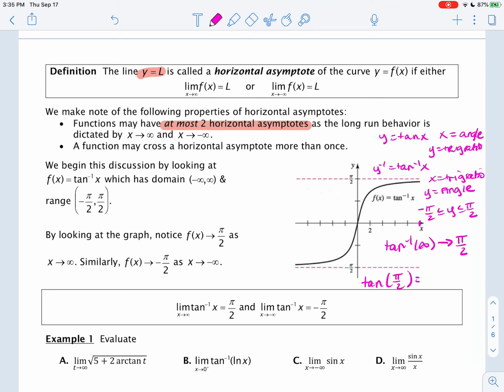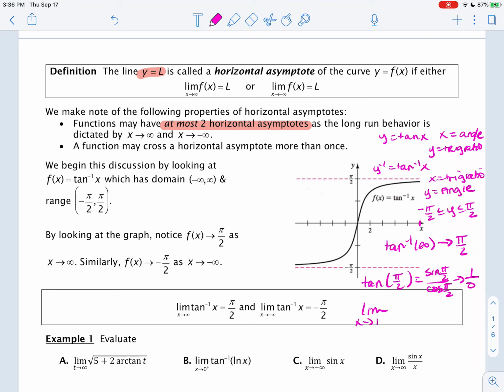Because if we input tangent of pi over 2, we would have sine of pi over 2 over cosine of pi over 2, and that would go to 1 over 0. And 1 over 0 is never really achieved, it is undefined, but it does move towards positive infinity. 1 divided by an increasingly smaller and smaller number does become larger and larger.